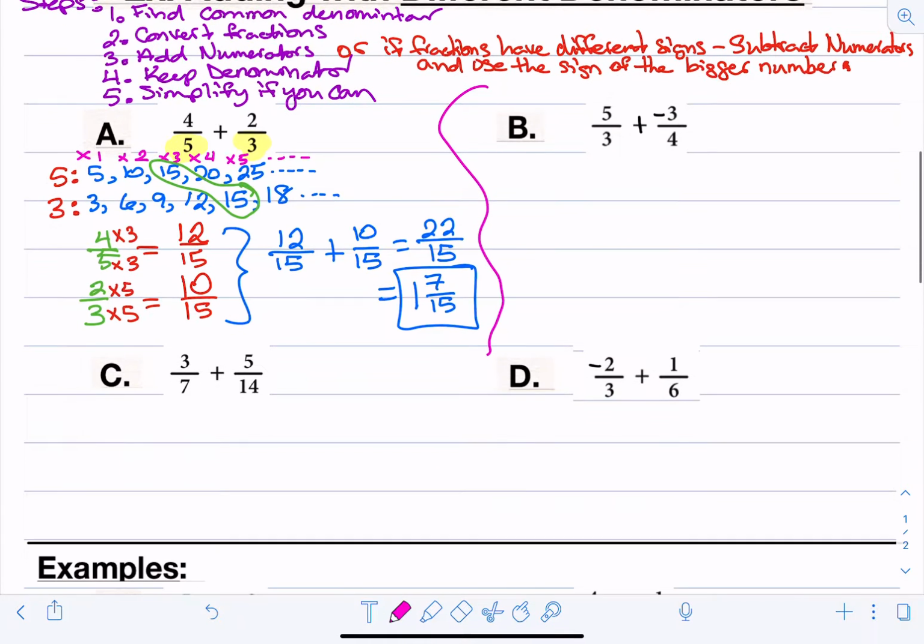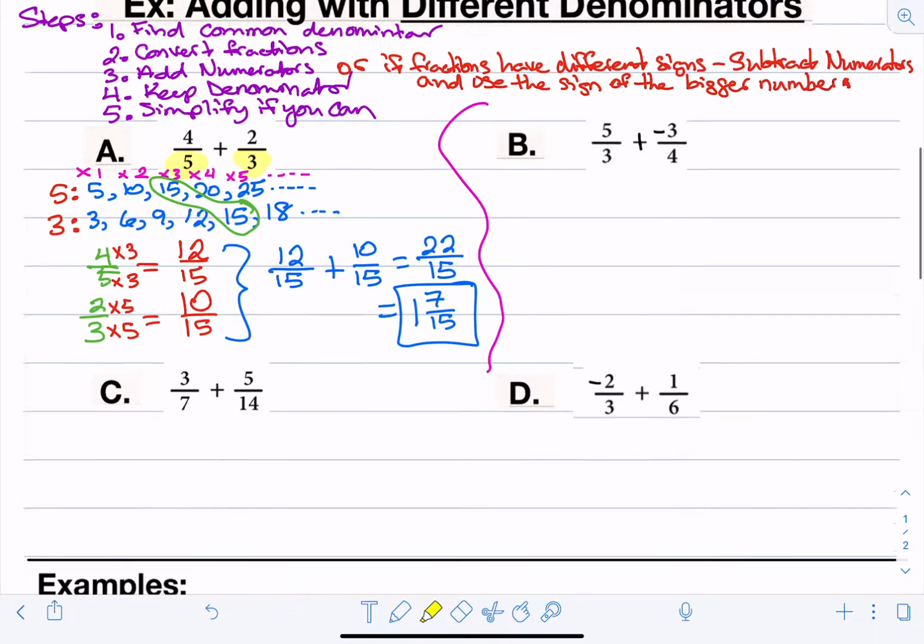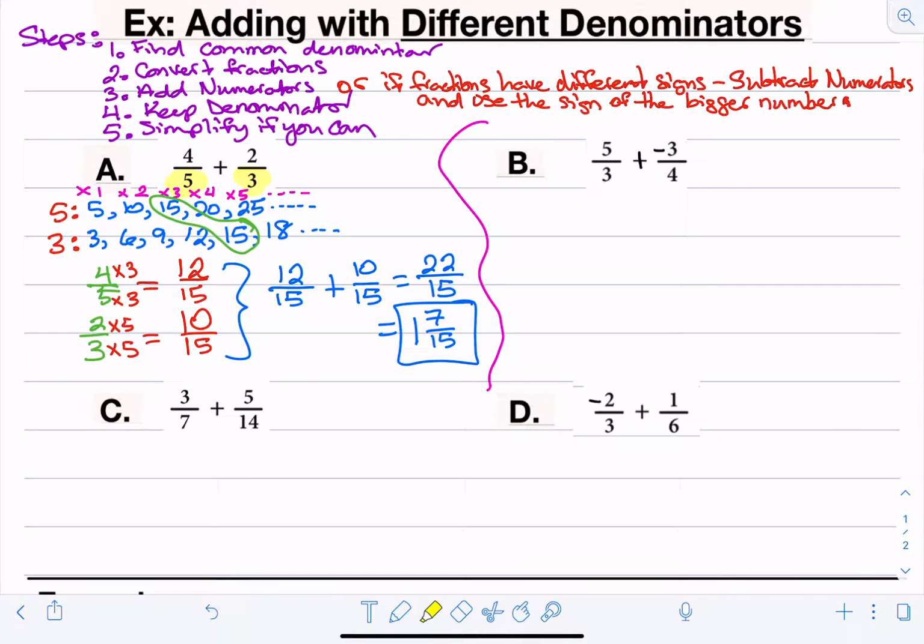Okay, let's do another one where both fractions are positive. So in this case, we have example C, 3/7 plus 5 over 14. Step 1 says we have to have a common denominator. These denominators are not common. They are not the same. So we're going to have to move on to step 2, convert the fractions. Okay, so I have 7 and 14.